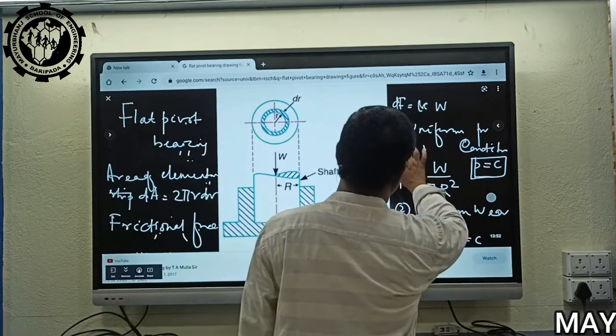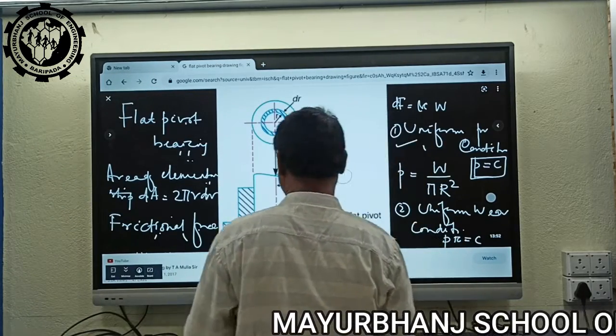First we calculate the uniform pressure condition.